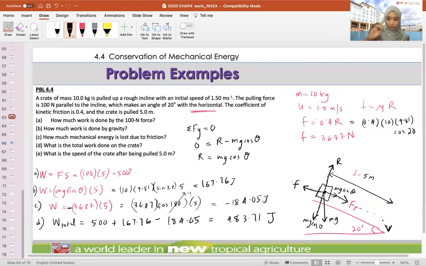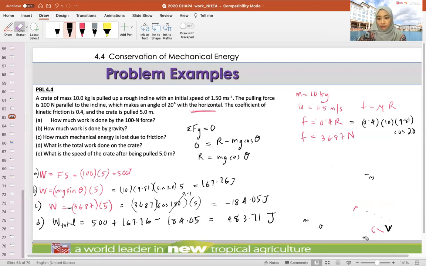Okay, so we can reuse the mg and all that. Let's do that. We redo our example with the incline. So this is not a ball, this is a crate. The u is 1.5. Don't get confused, this is meters per second.